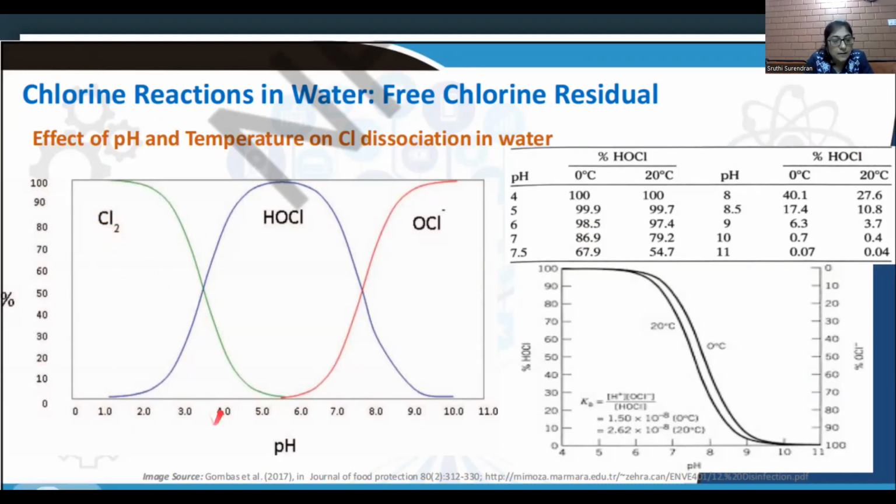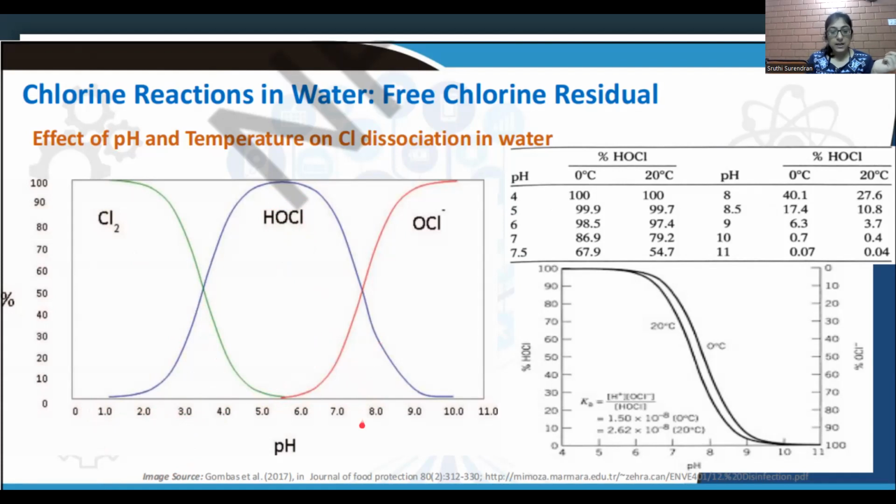Now, when the pH increases, chlorine will react with water to form hypochlorous acid, which is HOCl. So when the pH of the water is between say 4 and 7.5, chlorine exists in the form of HOCl. That is a stable form of chlorine in that pH range.